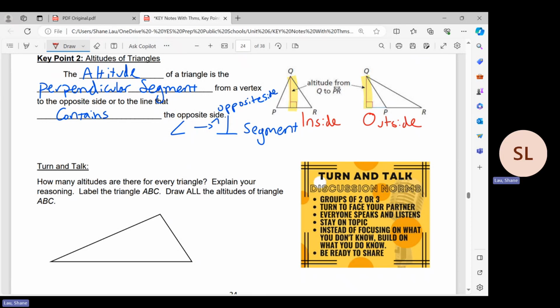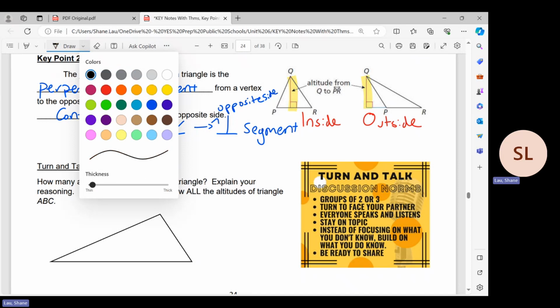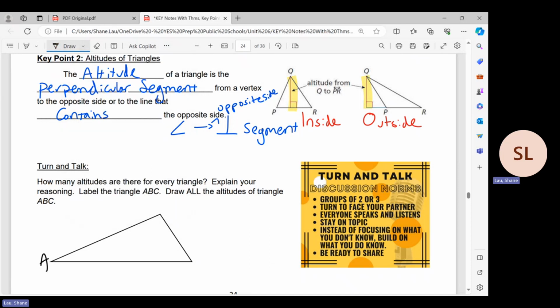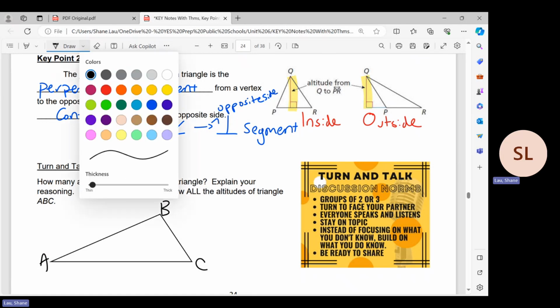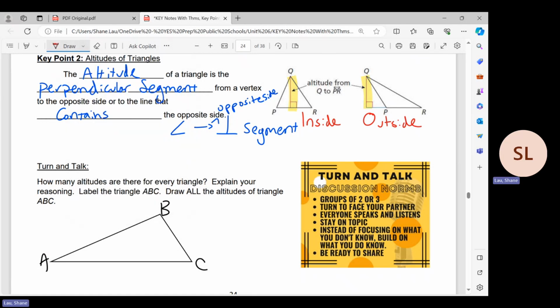So if we look at this diagram at the very bottom here, this triangle that we have, and it's labeled just like how we did beforehand. So angle A, angle B, and angle C. We look here, the immediate first angle that should be easy is going to be B. And remember, we're going to go from B to the opposite side perpendicular segment.